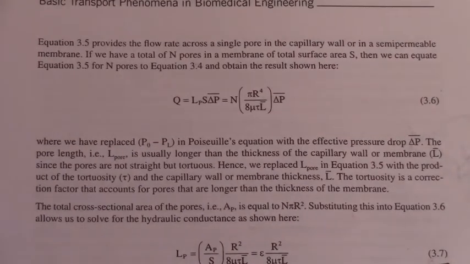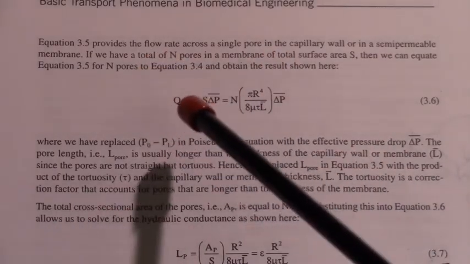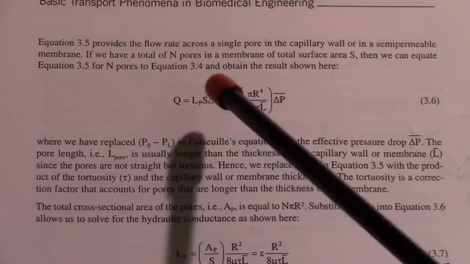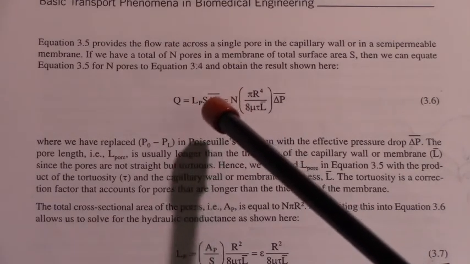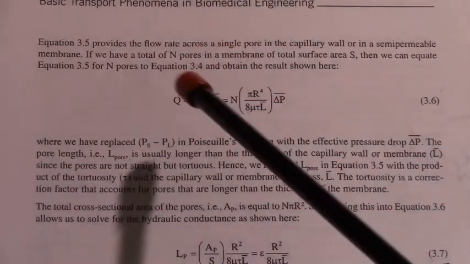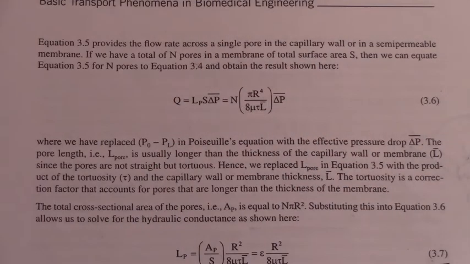You can see that the filtration flow across the membrane, according to equation 3.4, would be LP times the surface area of the membrane times the effective pressure drop. That's our basic filtration flow equation. What we're trying to do is come up with a theoretical model that we could use to predict hydraulic conductance.